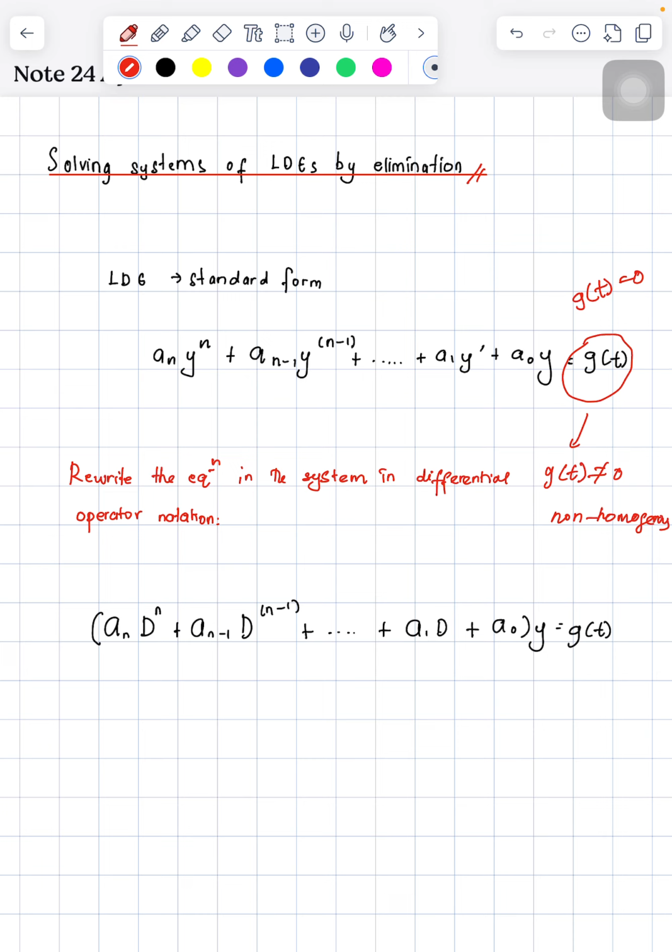Actually, in the standard form of a linear differential equation, the power is the order of the derivative.